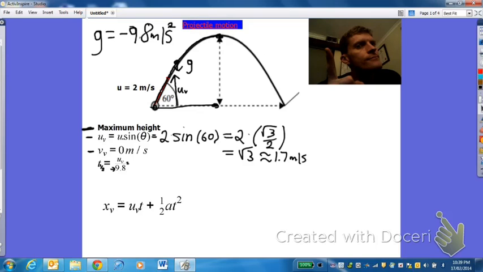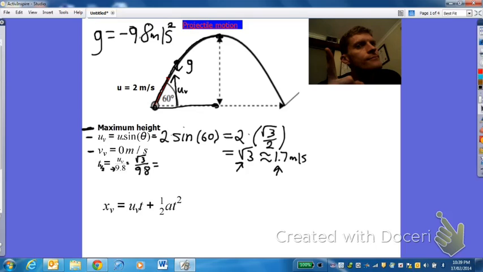Now, the question is, what value am I going to use? Am I going to use my exact value, or am I going to use my approximate value? Any time we use approximate values of a previous question in another formula, it's likely we could create more mistakes. So let's draw on our exact value, root 3 over 9.8.